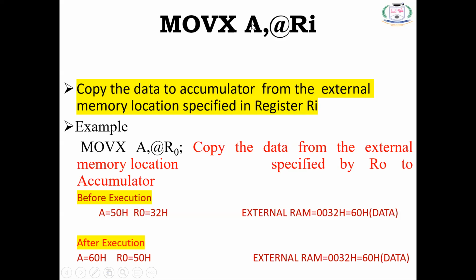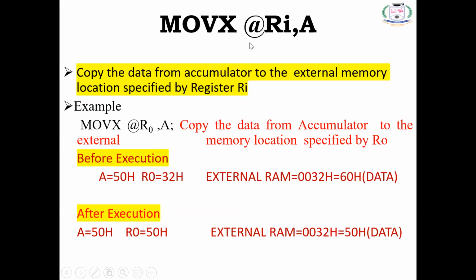Similarly, MOVX @Ri, A. Very simple. I have to copy the data from the accumulator, and that data should move to the memory location specified by @Ri. Assume my accumulator value is 50 and my R0 value is 32. Which location do I go to? X means external memory.